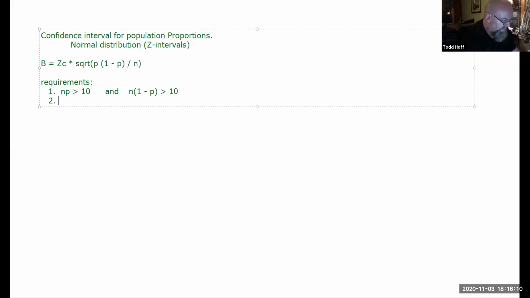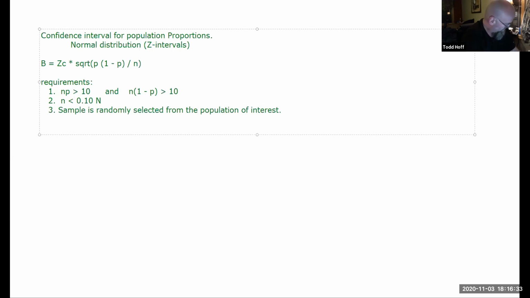Second, N has to be less than 10% of capital N. In other words, the sample size has to be less than 10% of the population. And the sample is randomly selected from the population of interest. Which that one kind of makes common sense that it has to come from the population of interest.